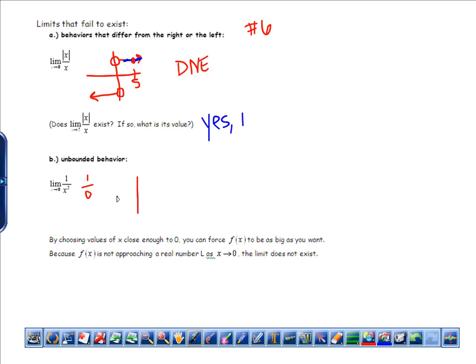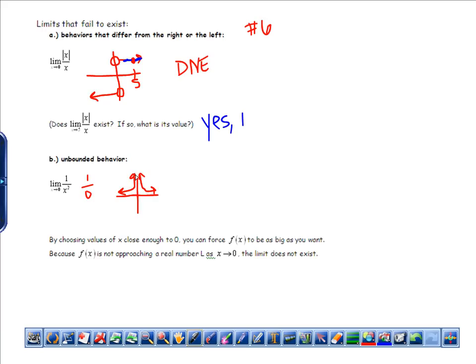All right, so let's think about, this is a parent function, and you should kind of know what this looks like. This is what it basically looks like. Rough sketch. We've got asymptotes, both axes, and as x is approaching 0, the y value is approaching infinity. Now, I see how you're saying it's approaching infinity on the right.